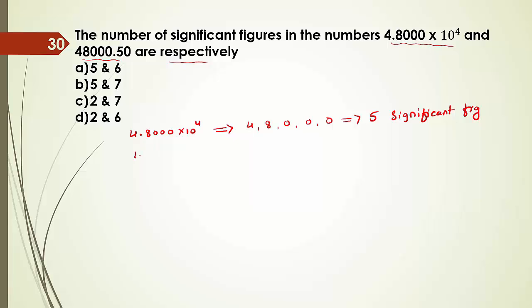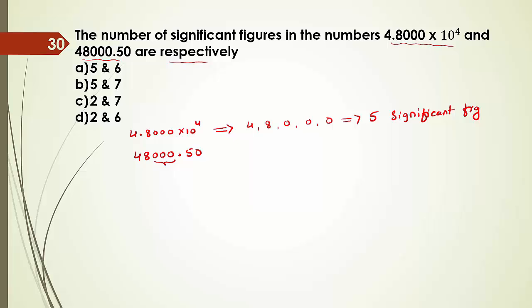Second number is what? 48,000.50. Now tell me how many significant figures are present here. Remember the number has a decimal point. Here we consider the zeros on the right side of the non-zero number. So here we can consider all these zeros. Why can we consider them here?